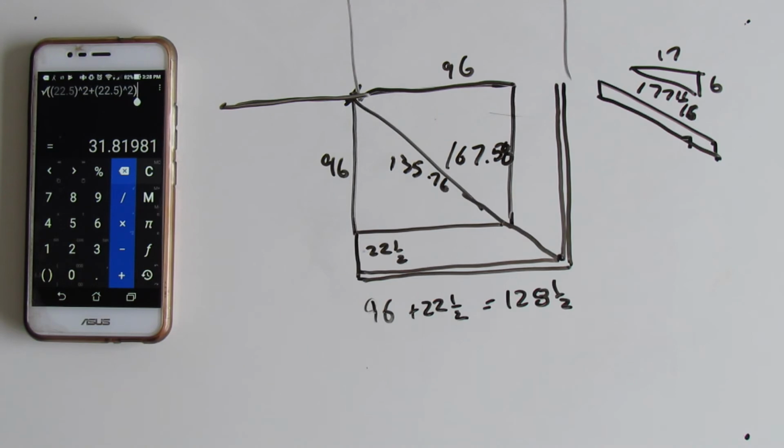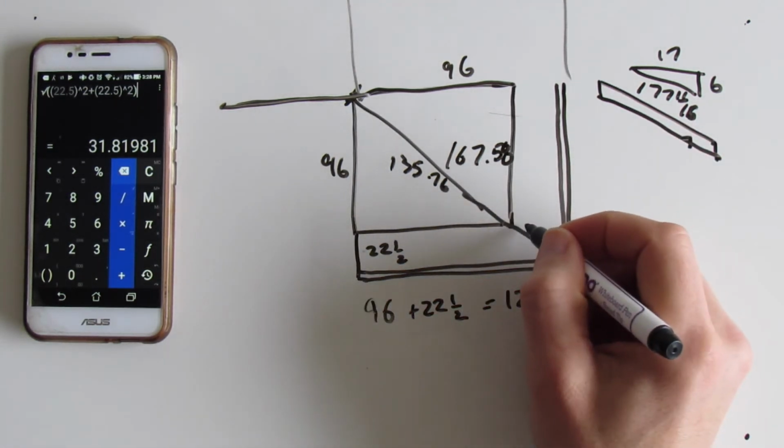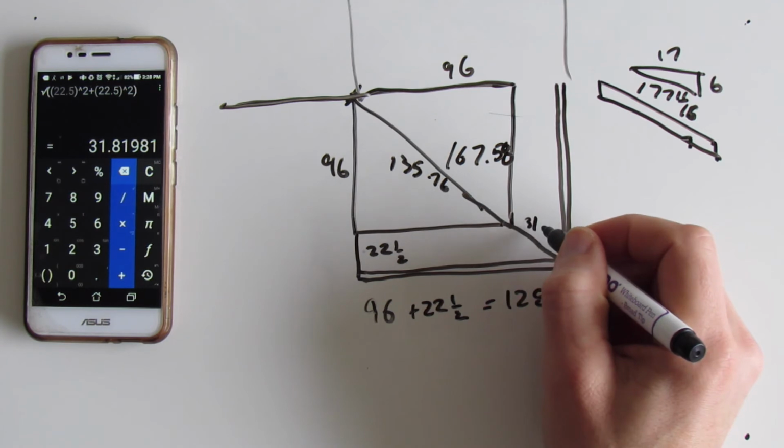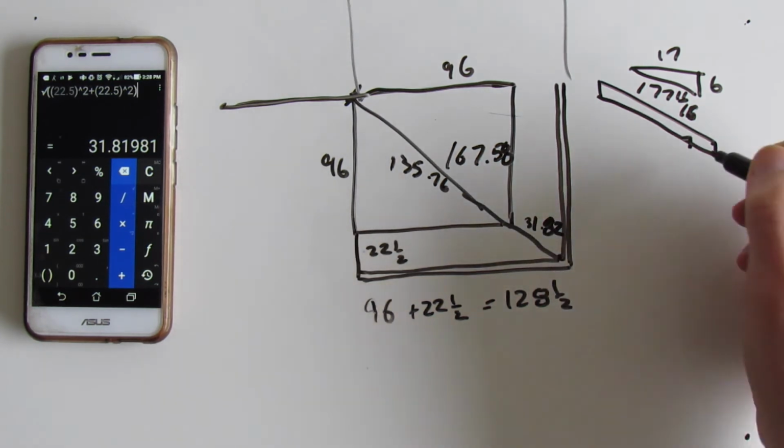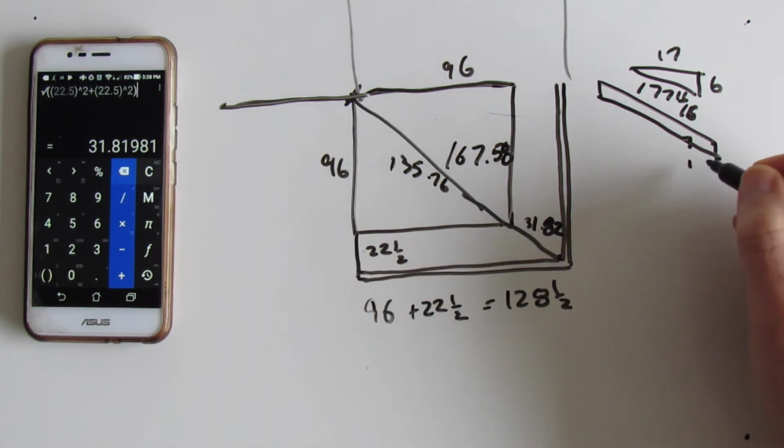So then that gives us 31 and 7/8 or so. So that's this value here, which is basically the horizontal. 31.82.